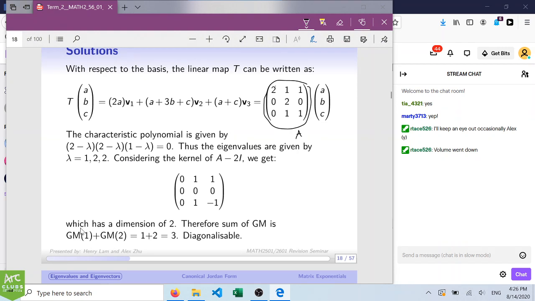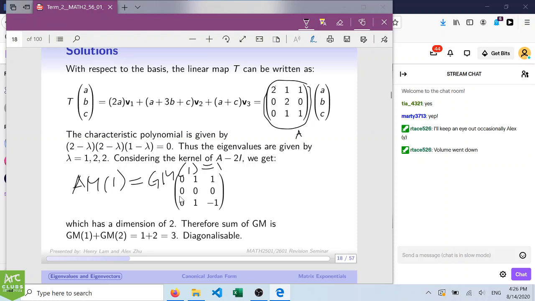Okay, so AM of 1 is 1, right? Because there's one root. Now GM must be less than or equal to AM, and GM must be positive, so GM must equal 1. One root, dimension 1 for the kernel. Then for 2, AM is 2 because there are 2 roots.